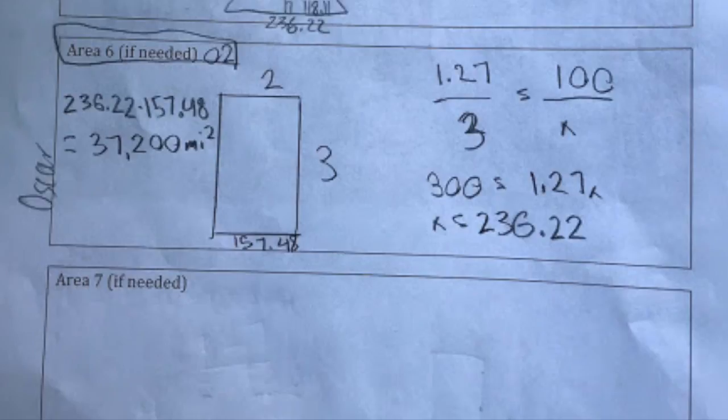And then I already knew 2 centimeters equaled 157.48 miles because of my last one, because the width for that was also the same. So then I multiplied both of them, and I got 37,200 miles squared.